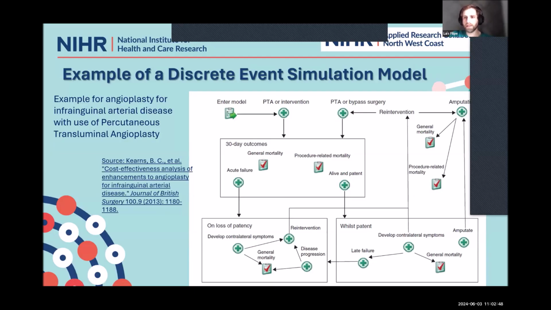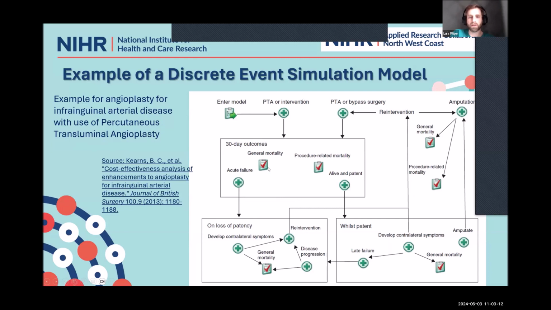And here you can see basically very fast that it is really a lot more complex, where you have this person entering in having a PTA, which is the percutaneous transluminal angioplasty, or the intervention that they are measuring, and then you can have several things happening.